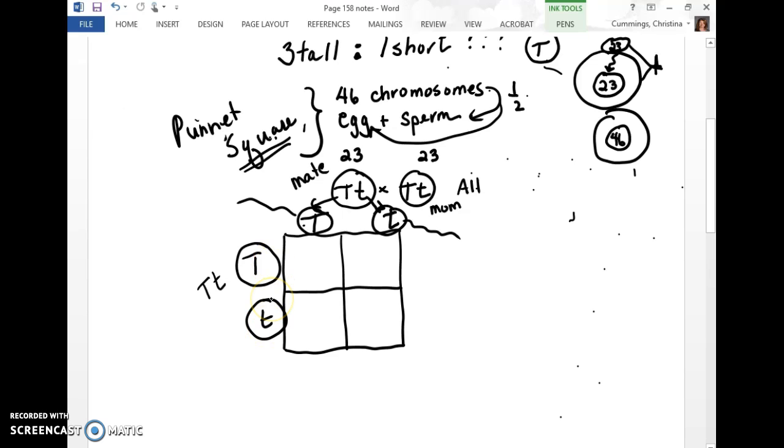And this is the female's eggs. In these boxes right here, we write down what happens when each type of egg is fertilized by each type of sperm. Let's say pollen instead of sperm, because plants don't have sperm, they have pollen.